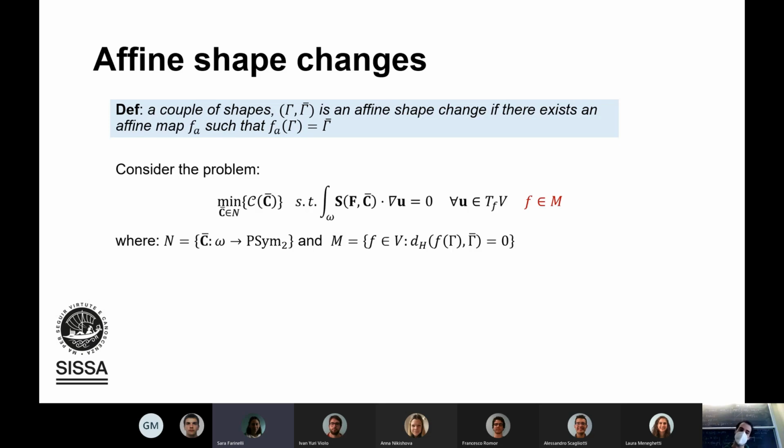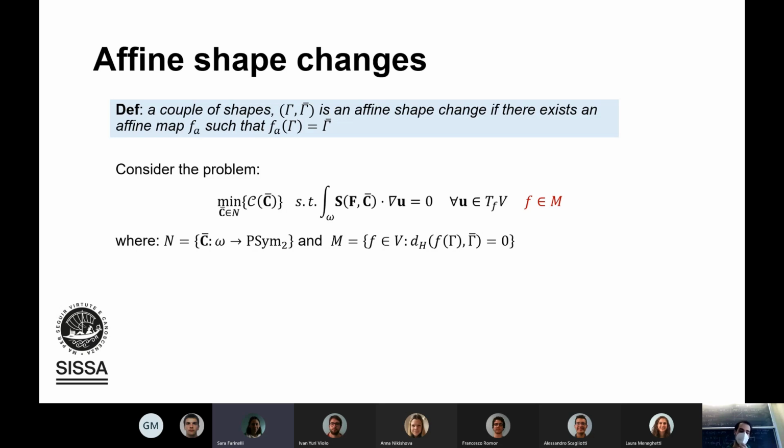It differs from the previous in the sense that the constraint of reaching the target shape is imposed exactly and not through a penalty in the objective function. So this constraint is encoded in this new space M, which is nothing else but the space of deformation, which sends exactly gamma into gamma bar.